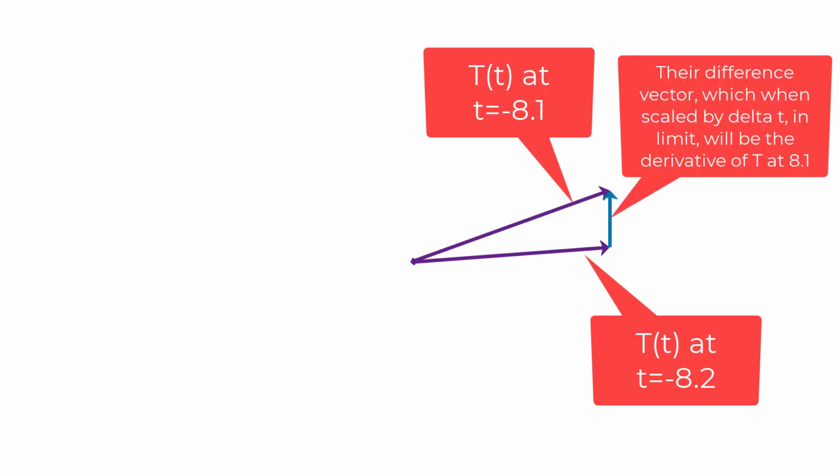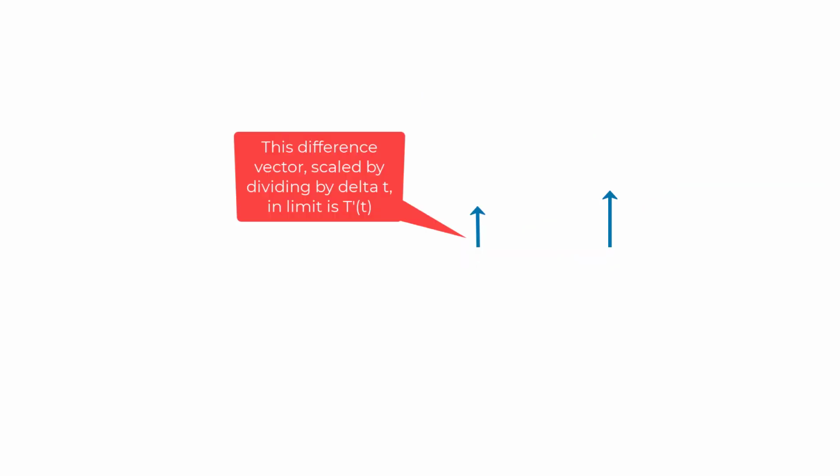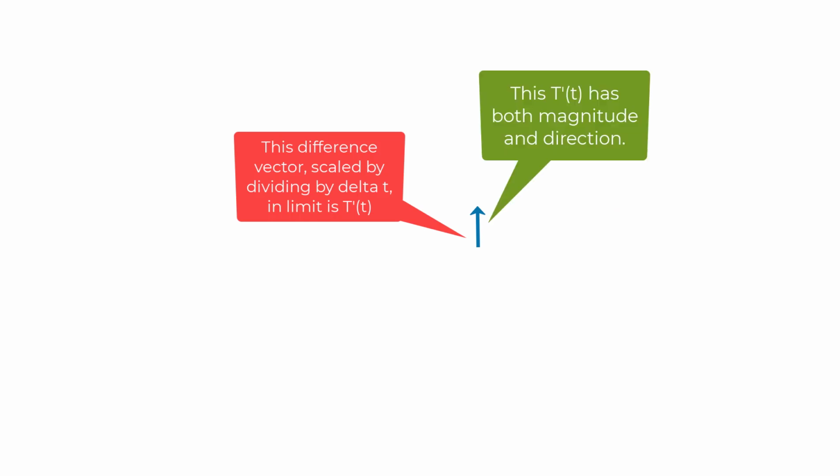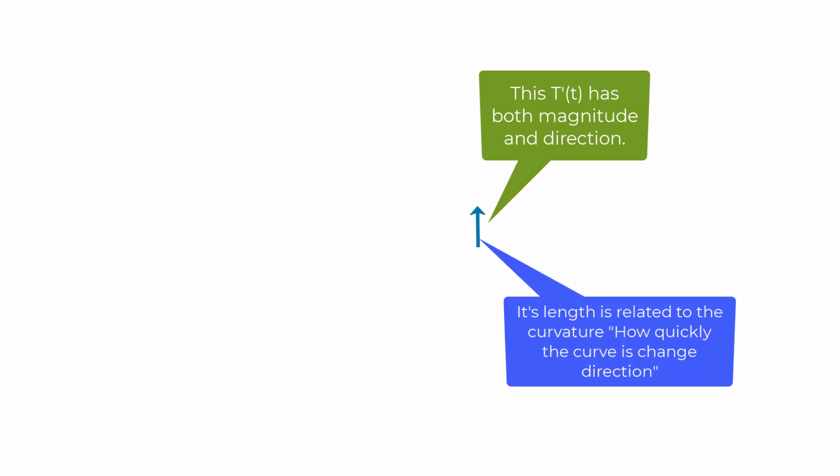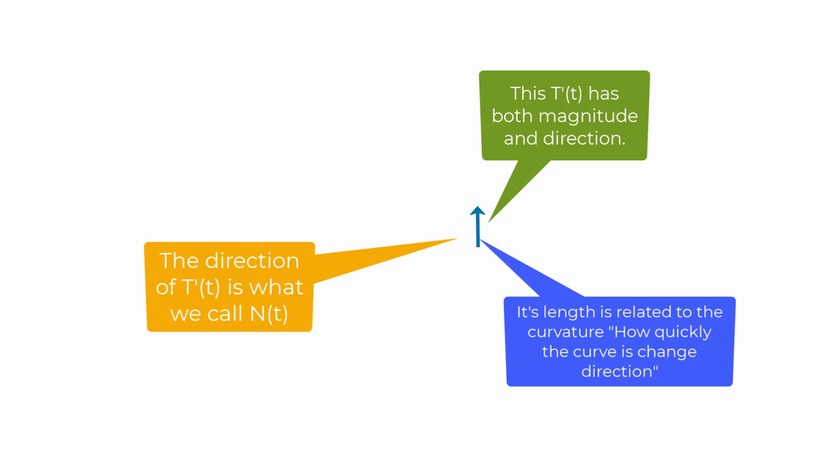And so we have its derivative vector. We've got the derivative of the unit tangent vector that we could discuss. That derivative will be a new vector, and that new vector will have both magnitude and direction. The magnitude of the change in those vectors is what's captured by curvature. The direction of that change is what we call the principal unit normal vector. That's what we want to compute next.